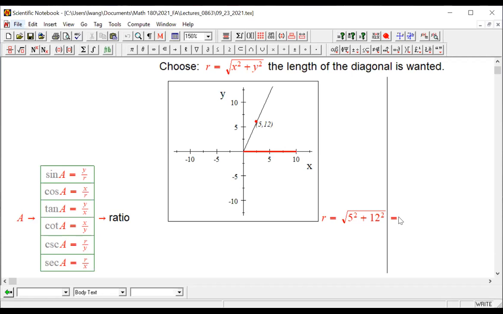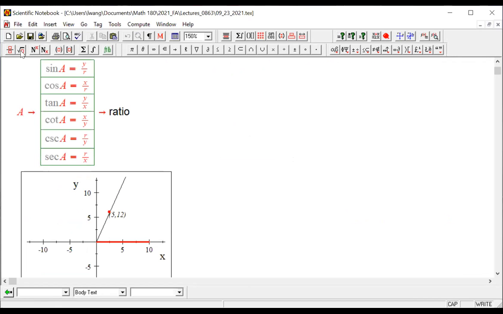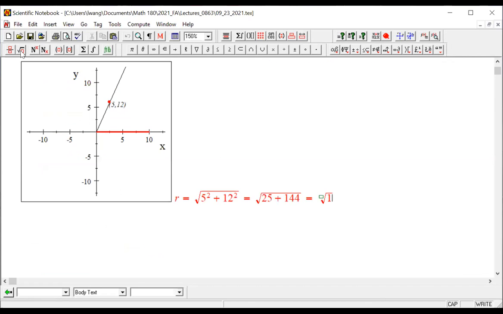What is 5 squared plus 12 squared? That's 25 plus 144, right? And what does that equal to? r equals the square root of 169.